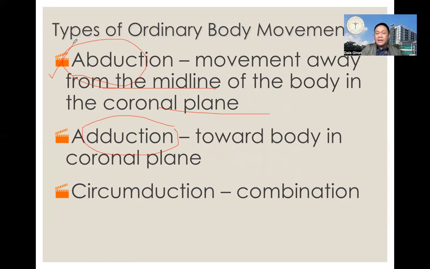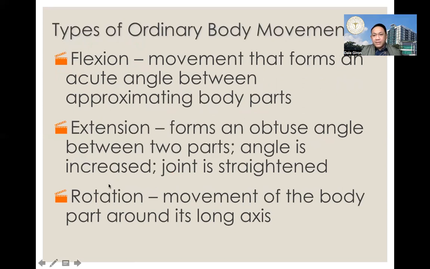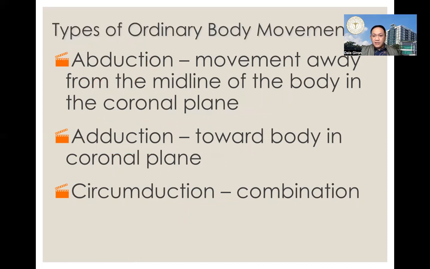Away from the midline. When I bring it back toward the body, adduction. Abduction, kidnapped, away. Circumduction is a combination of the two. So that's circumduction, abduction, and adduction. Please take note: flexion, extension, and rotation. Also abduction, adduction, and when you combine the two, it is called circumduction.